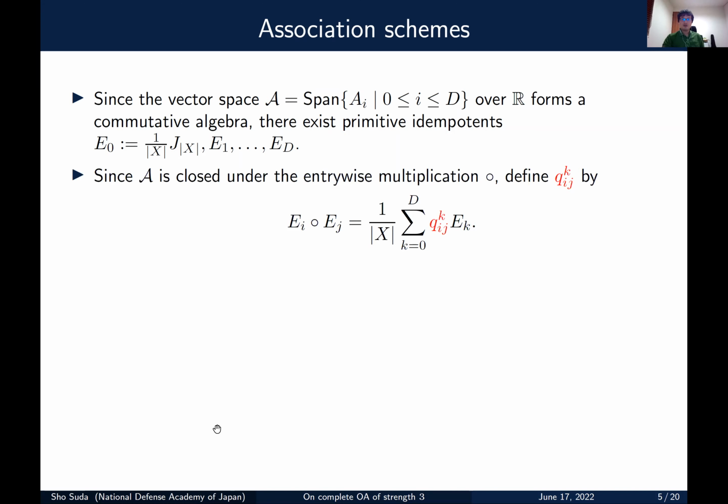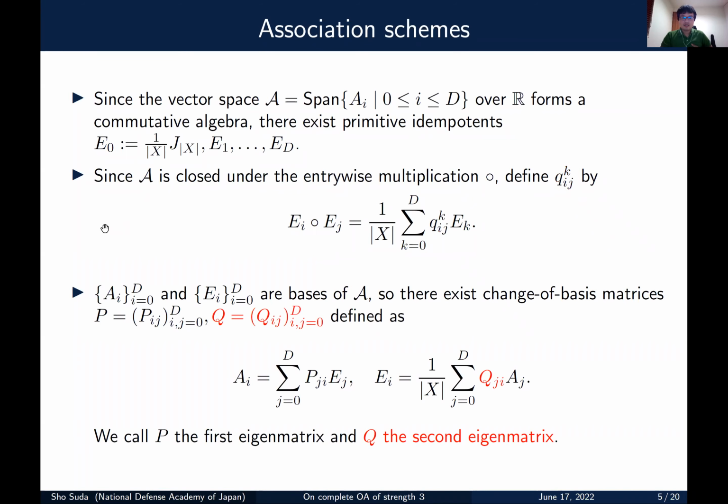This algebra is closed under entry-wise multiplication, so we may define q_ij^k from this equation. If we consider the entry-wise product of E_i and E_j, this can be written as a linear combination of the E_k, because the E_k also form a basis of the vector space A. So we can define this coefficient q_ij^k.